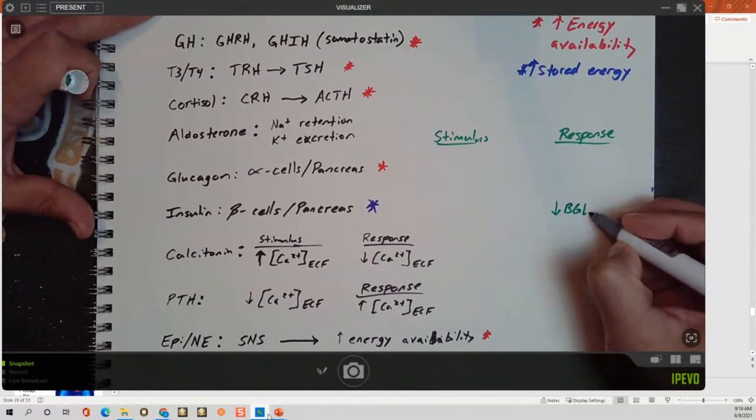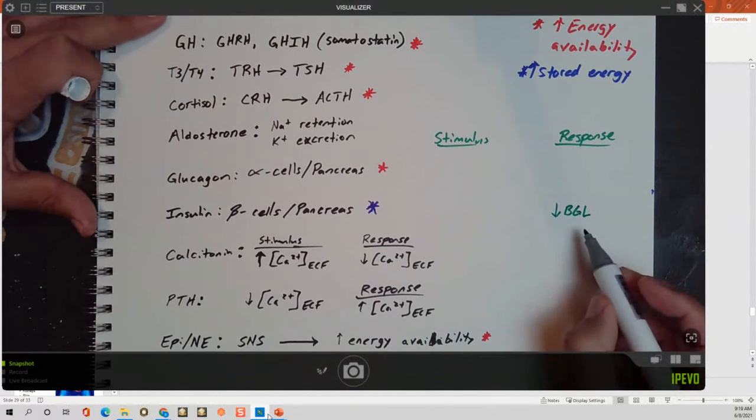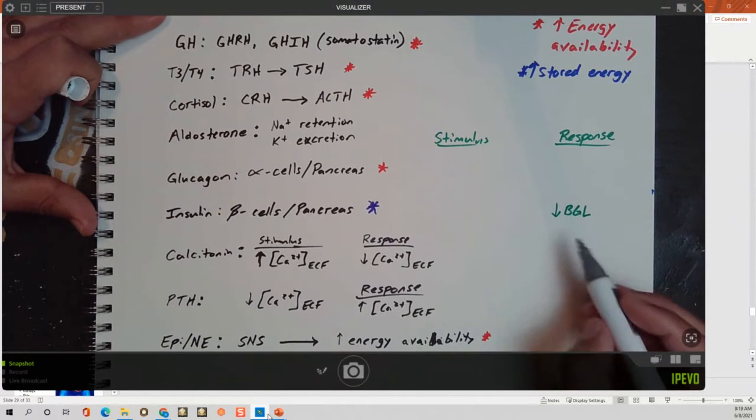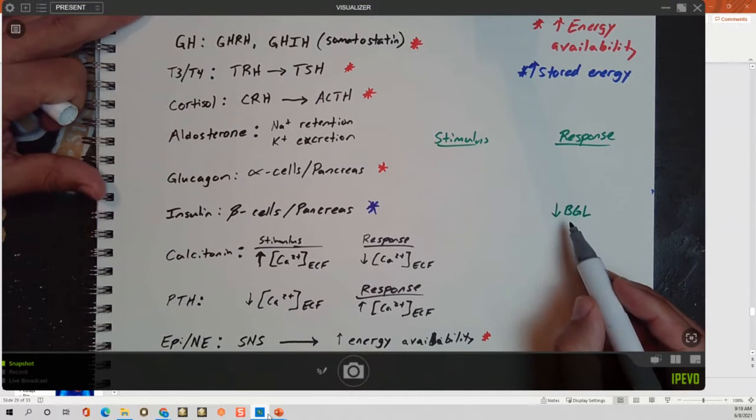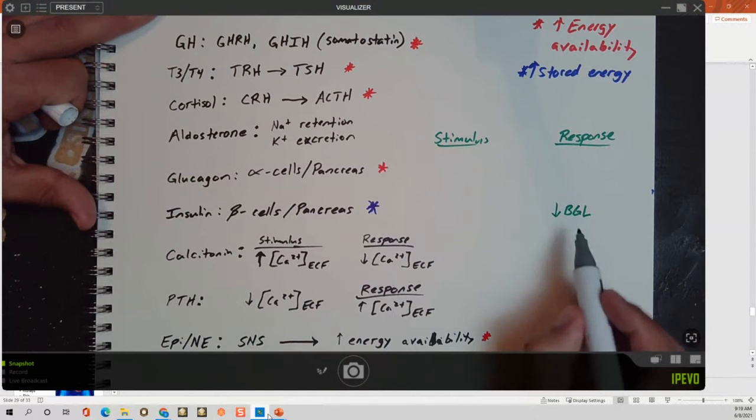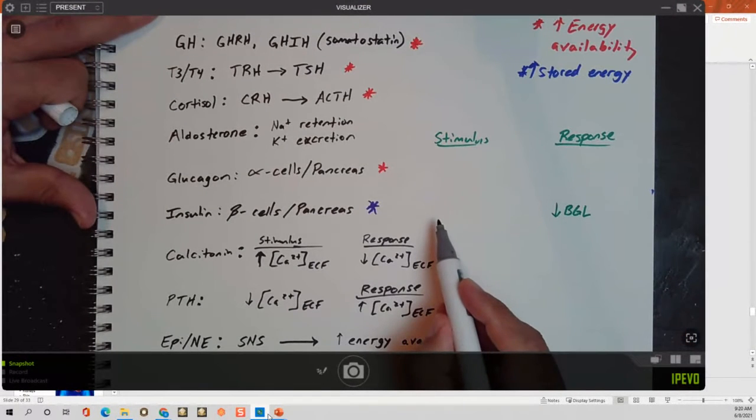You're going to learn how it does this, but the idea is we take glucose out of the blood and we store it away. That's why the blood glucose levels decrease. Does that make sense to everybody? It's called glucose uptake. So if the response is to decrease blood glucose levels, what's the stimulus going to be?